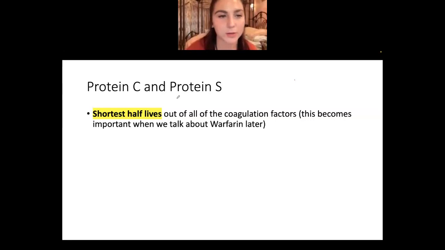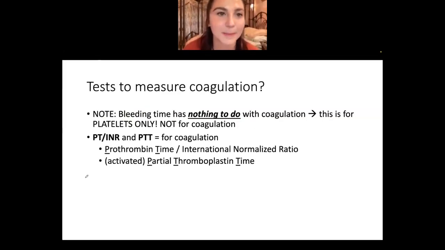And if you're wondering why that matters, it's important for understanding how to administer warfarin. If you understand that C and S have very short half-lives compared to all of the coagulation factors, it'll make sense with a certain thing you have to do with warfarin. I'll bring this slide up later, but I wanted to put it in here while we were talking about protein C and protein S.